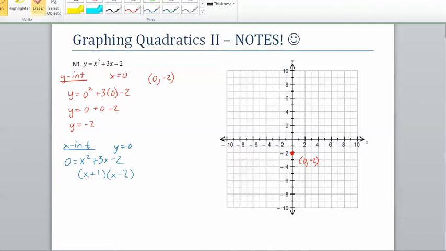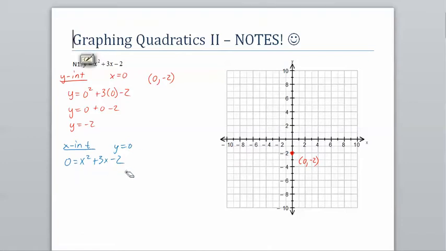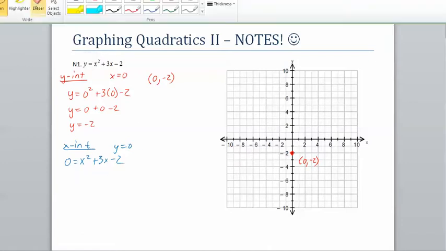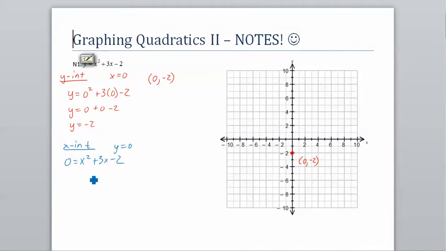And so since I can't factor it, let's erase that. And we're going to go back to, well, how do we get the answer if we can't factor it? Hopefully you remember the quadratic formula. x equals negative b plus or minus the square root of b squared minus 4ac, all over 2a.